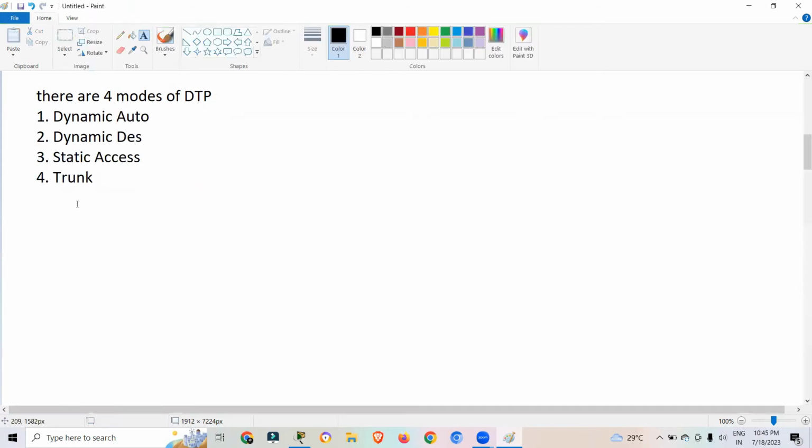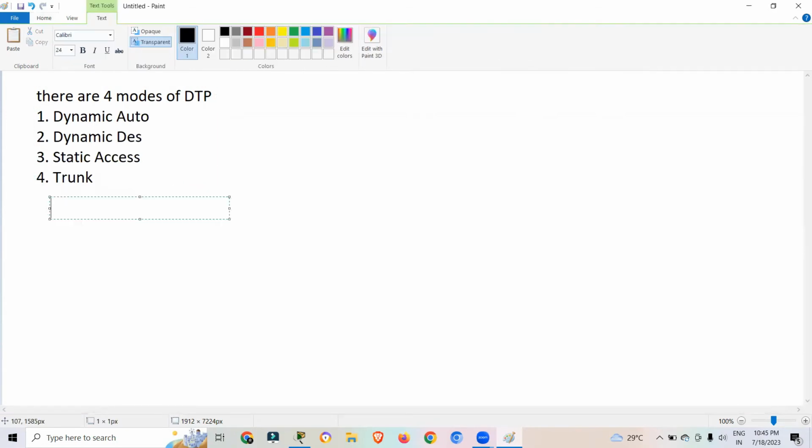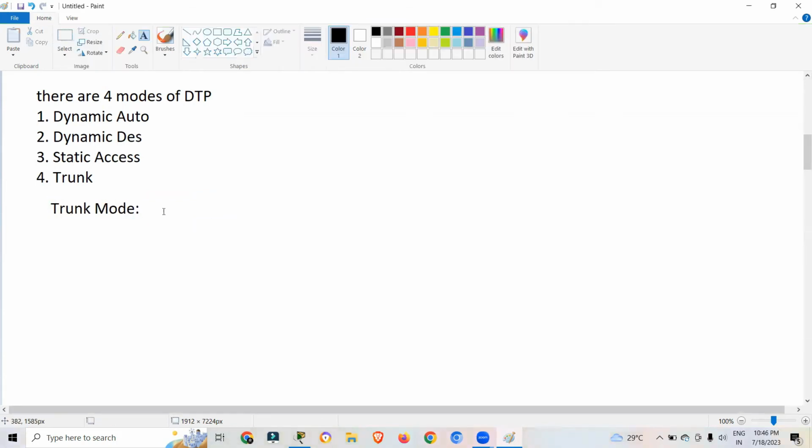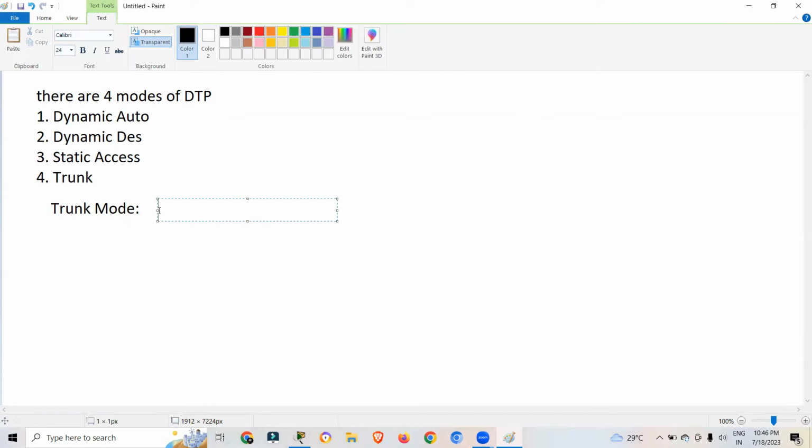So first of all, let's discuss the trunk mode. What is a trunk mode?